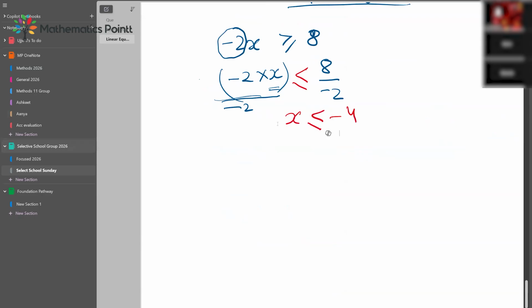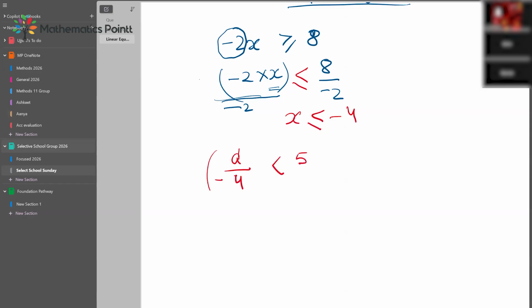So let's say I have d over -4 is less than 5. So what I'm going to do is get rid of this -4 by multiplying by negative.